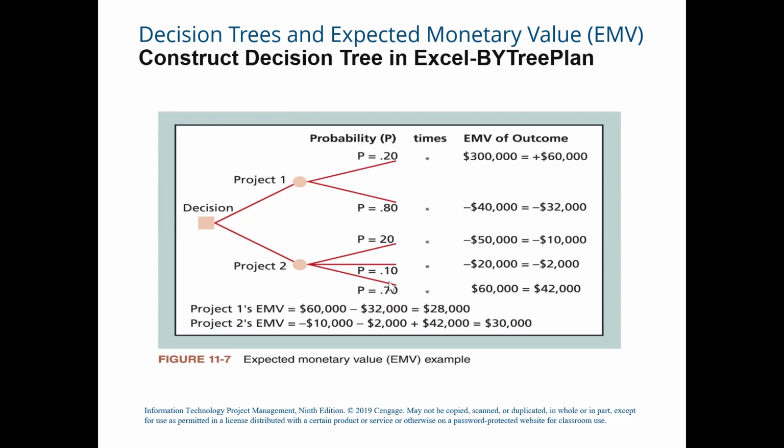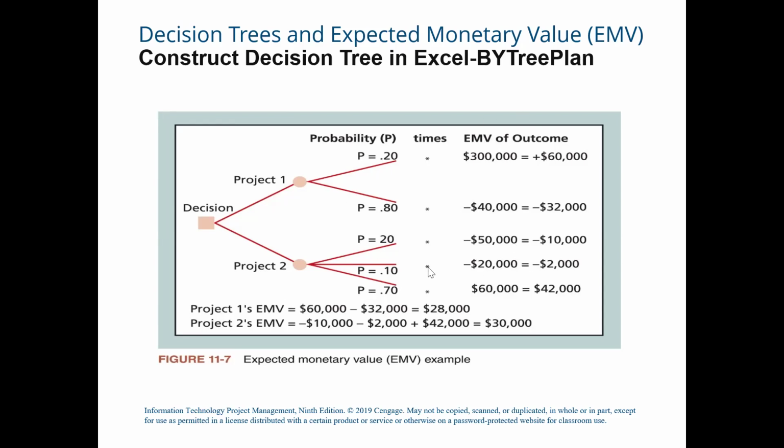And there is a 70% chance that we can win the project number 2 bid. If we get project number 2, we can earn $60,000. So these are the dollar estimates.